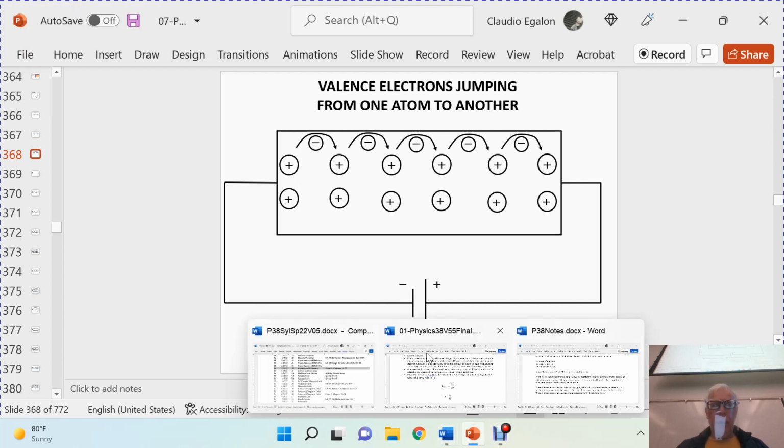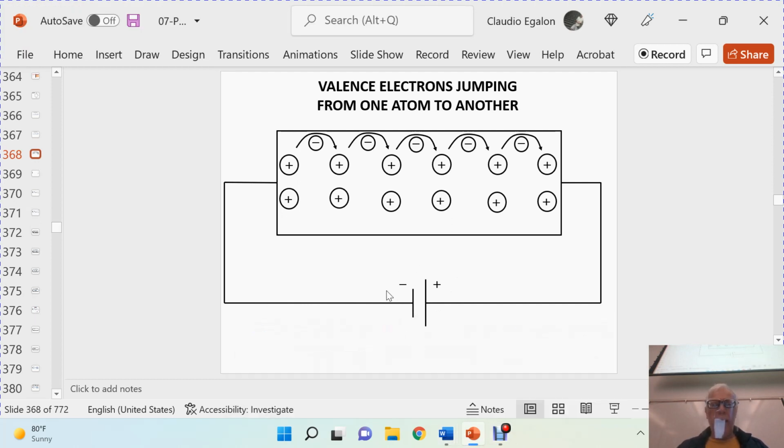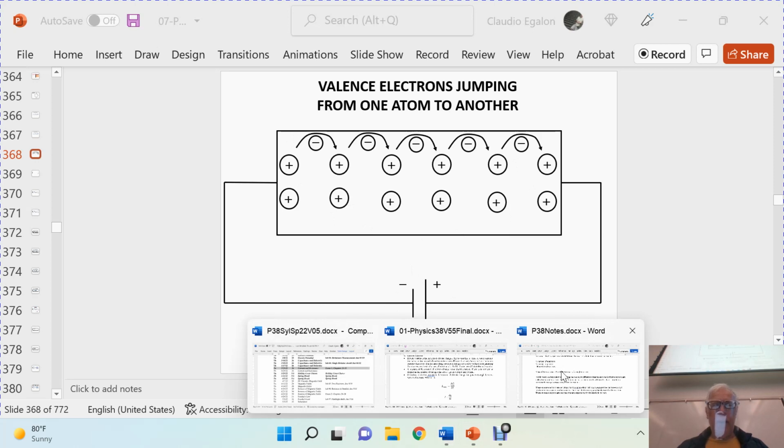So here is a source of energy, right? And here, this wire is a source of electrons. So let's write it down.